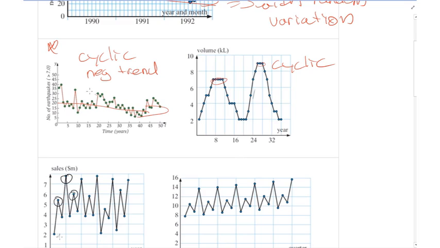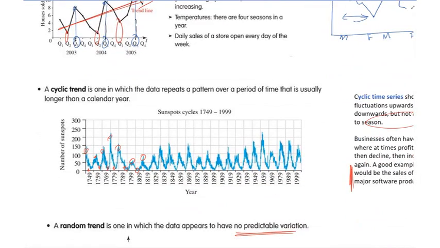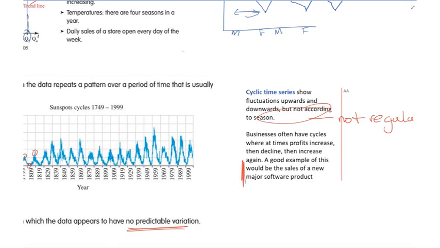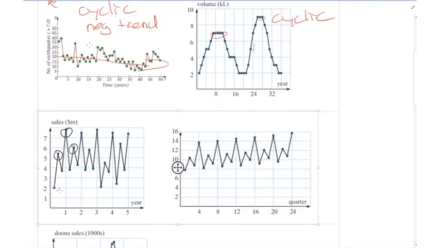So it's got a pattern to it to do with the peaks and the troughs, but it's not seasonality based. If we go back up to the types of trends, there is a pattern over a period of time, but it's not regular. It's not according to seasonal thinking. So we just say it's cyclic.